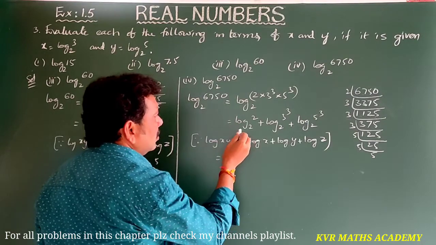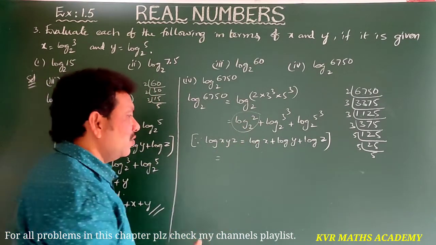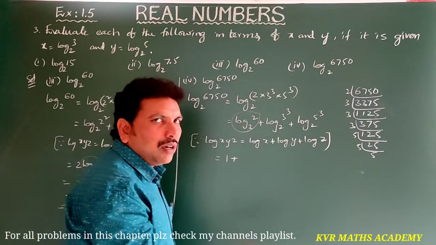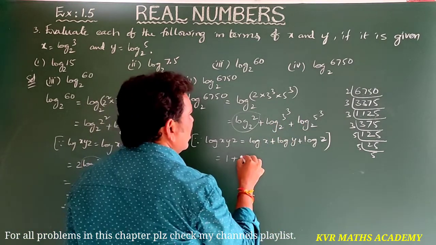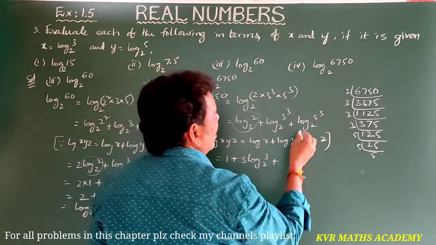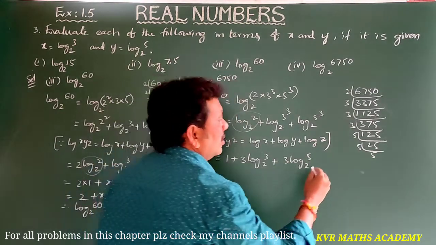Log 2 to the base 2 is 1, plus, since log x power m is equal to m log x, 3 log 3 to the base 2 plus 3 log 5 to the base 2.